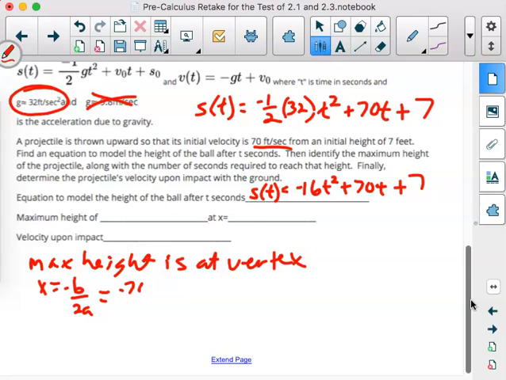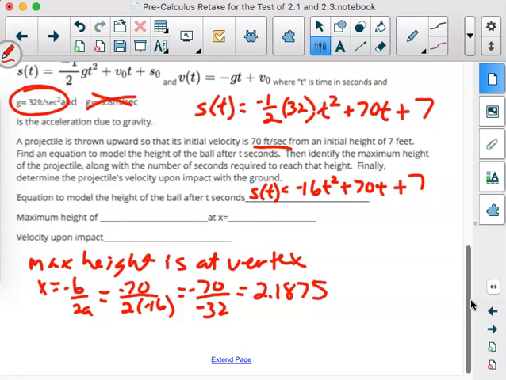So -70 over 2 times -16, -70 over -32, and that comes out to be 2.1875. So that's the x-coordinate of the vertex.